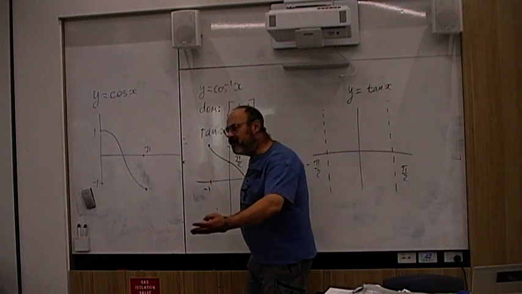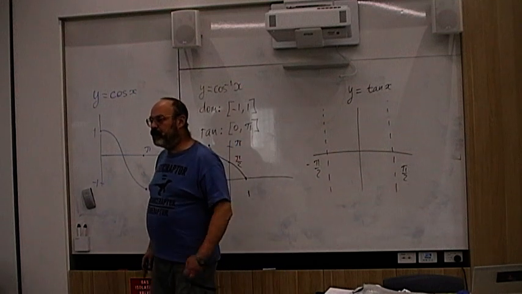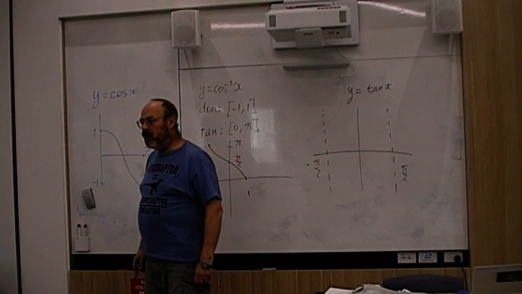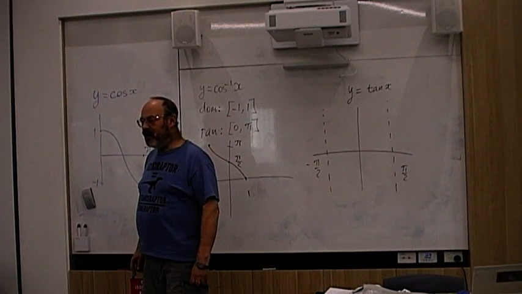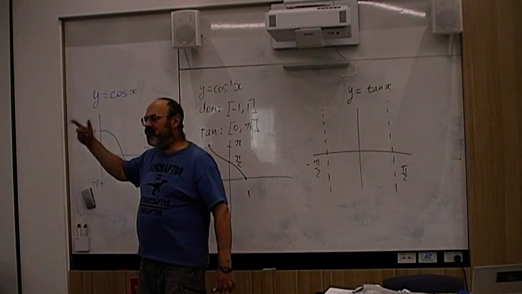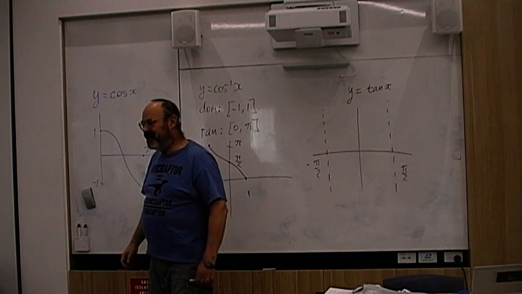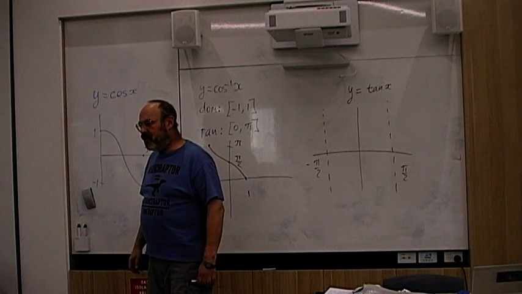Because what is tan? Sine over cos. When cos equals 0, you cannot divide by 0. And cos equals 0 at negative pi on 2, then pi on 2, 3 pi on 2, and further.